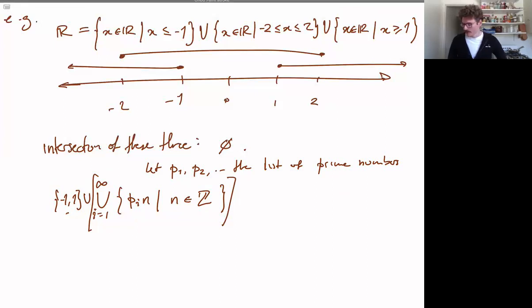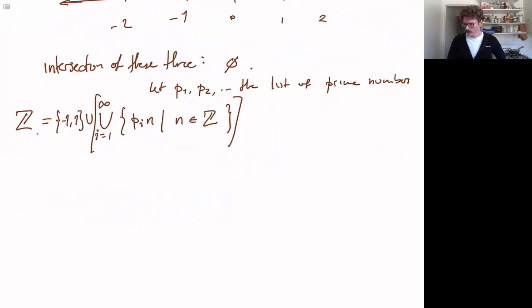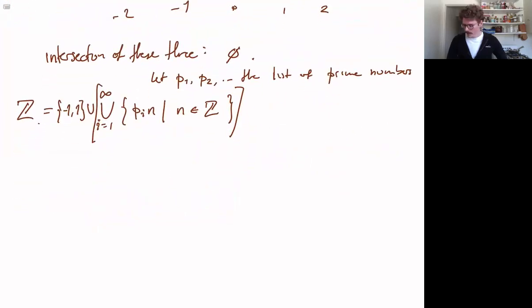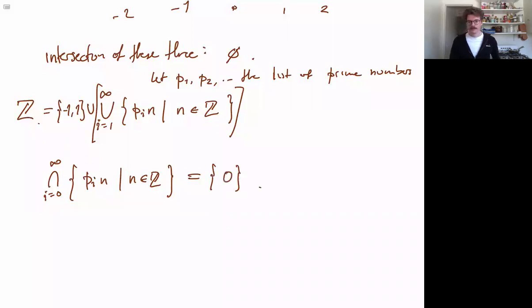And then if I throw those 2 in as well, I get all integers. And on the other hand, what happens if I intersect all these sets? Which is to say, what numbers are divisible by every prime? There is one of those, and maybe you can guess what it is. It is 0. So 0 is the only number that is divisible by every prime.